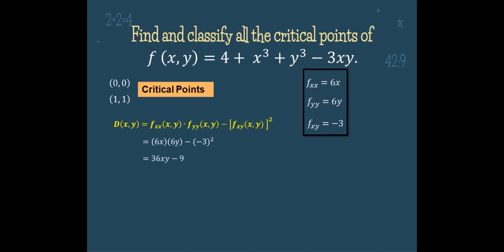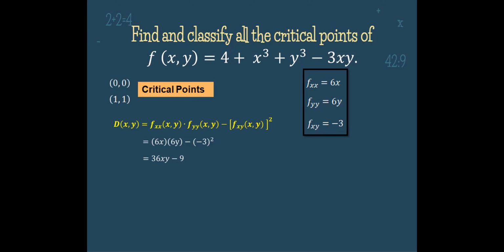Simplifying, we have 36xy minus 9. To classify the critical points, we plug in the critical points and use the fact that was presented earlier.